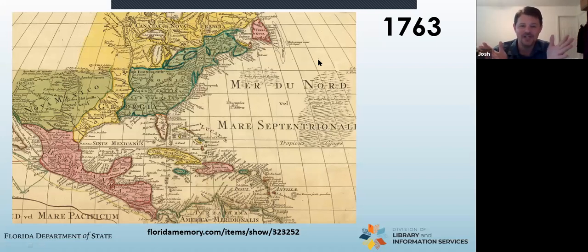At first, Spain has the monopoly on exploration in this part of the Western Hemisphere. But then as the French get curious, and the British get curious, and even the Dutch start sizing up the North American continent, it starts to get a little crowded very quickly, even with this large expanse of land, as these imperial powers start jockeying for position.